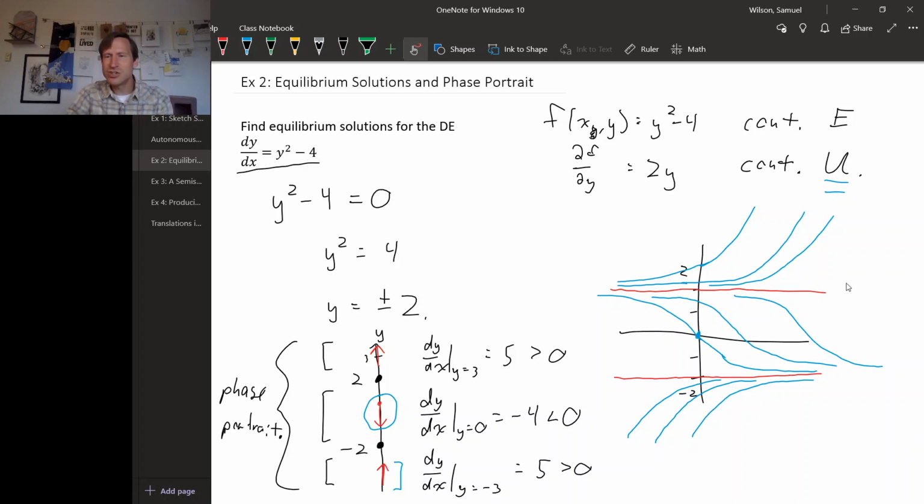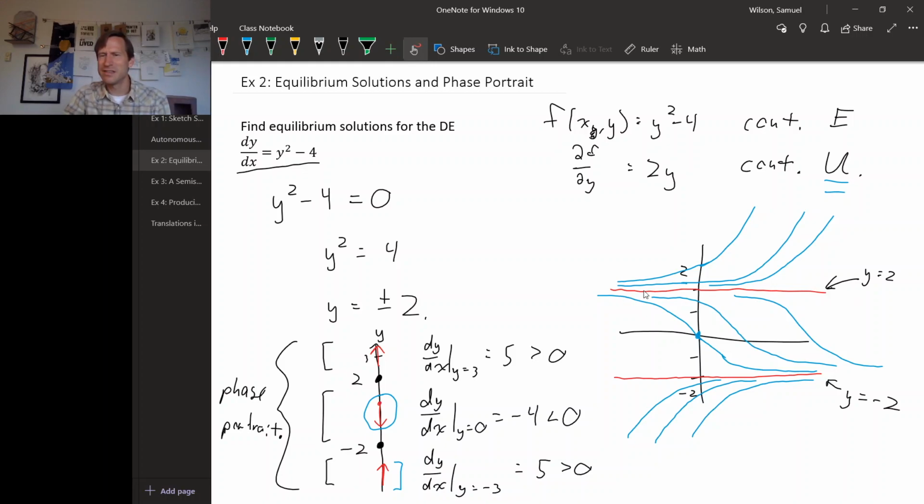Now, if you look at these two equilibrium solutions, the one at y equals 2 and the one at y equals -2, they actually have a very different character. The equilibrium solution at y equals 2, as x increases, solutions nearby this equilibrium are driven further away. And we can see that on the phase portrait as well. If you start a little bit above y equals 2, you go further up. And if you start a little bit below y equals 2, you go further down.